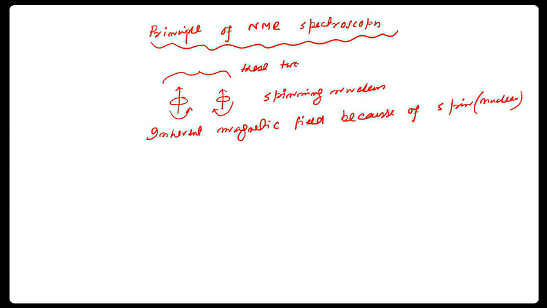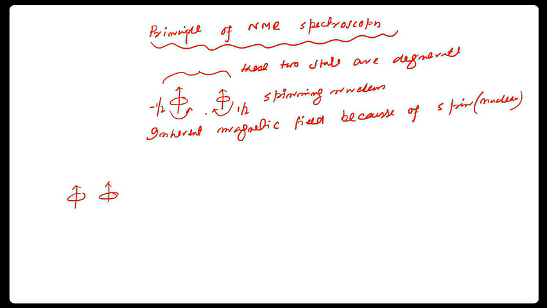You cannot tell that this is plus half and this is minus half. I am just representing the axis here. It spins along this axis, but this is not the direction of the spin. That's why it is the same.